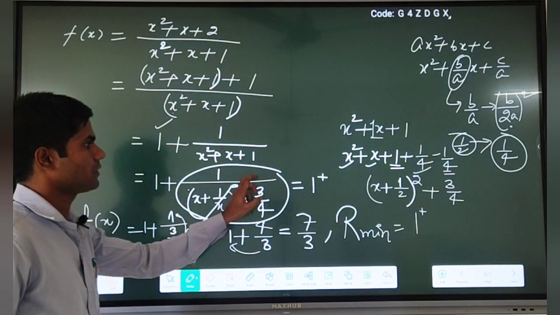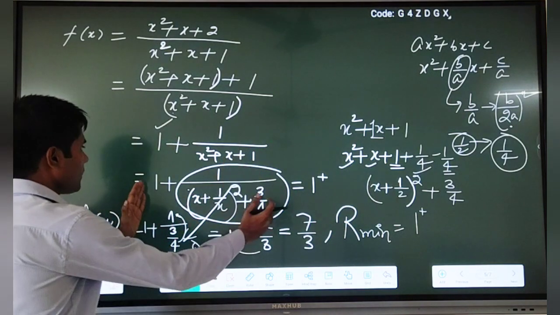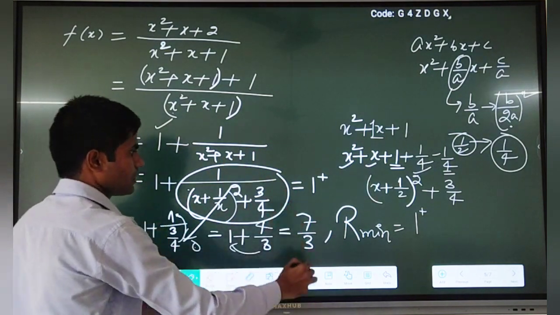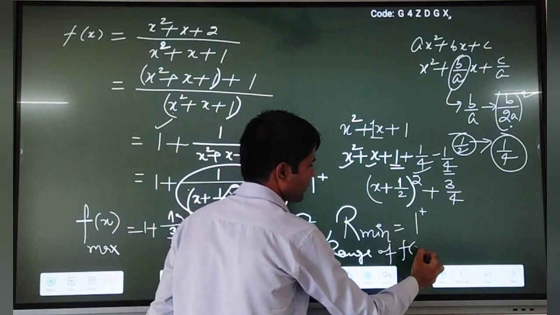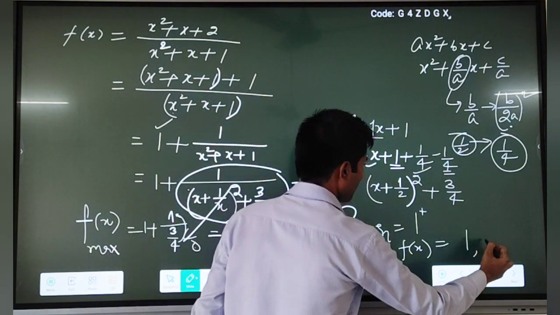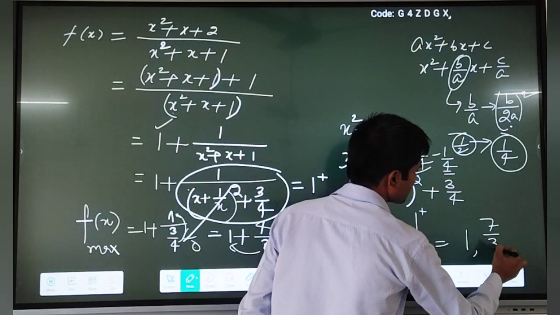Completely it is not 0, it is 0 point something. So finally 1 plus something, so it means the range of f(x) is from 1, and here we are getting 7 by 3. 7 by 3 is the maximum value.